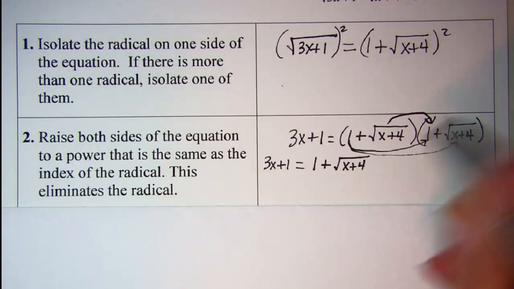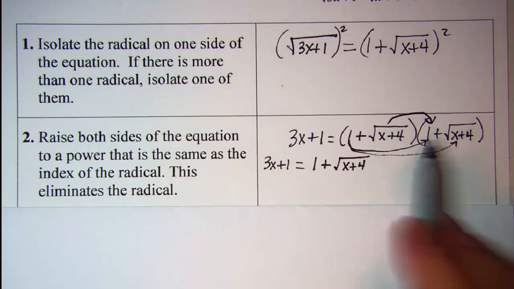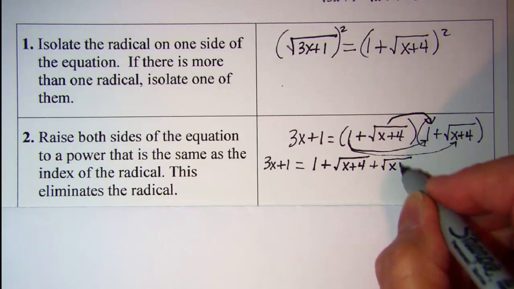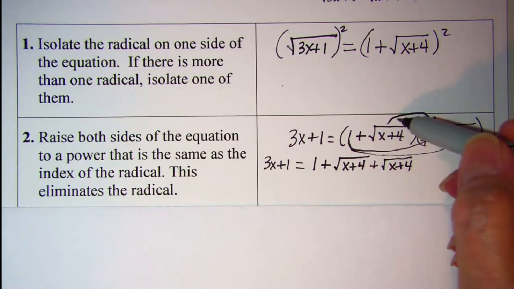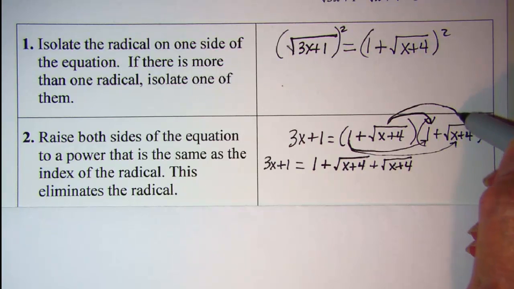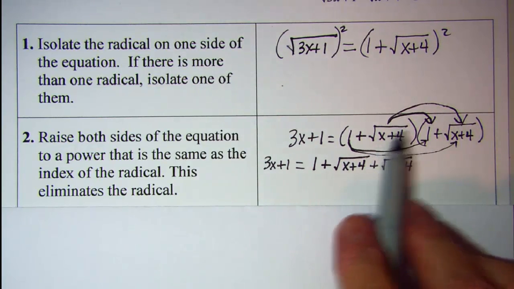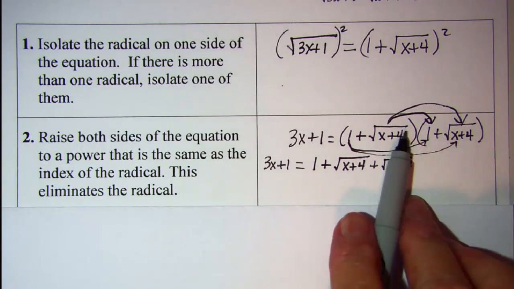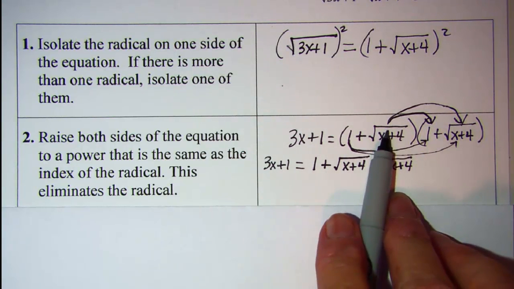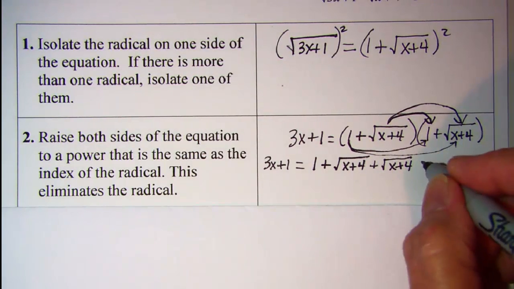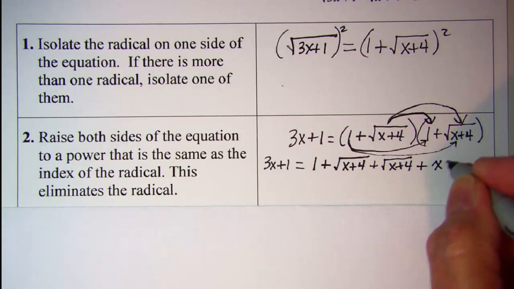The square root of x plus 4 times 1 is plus square root of x plus 4. And then square root of x plus 4 times square root of x plus 4. We'll just have the radicand left because it's the same as squaring it when you take it times itself. So back here then we just have an x plus 4.